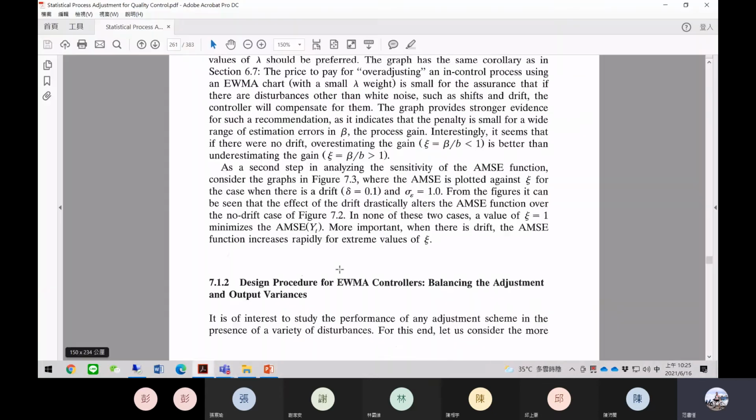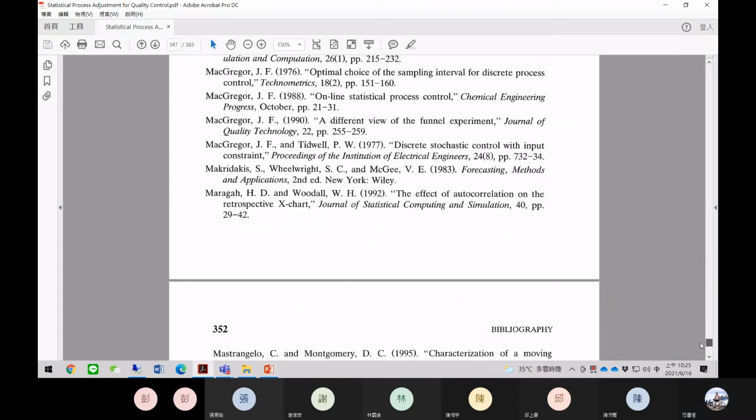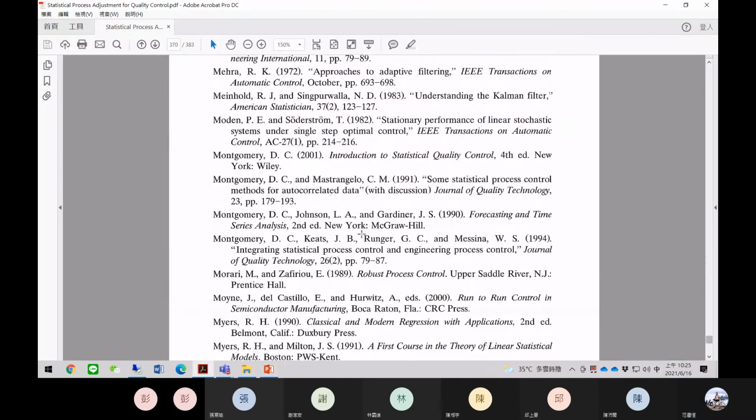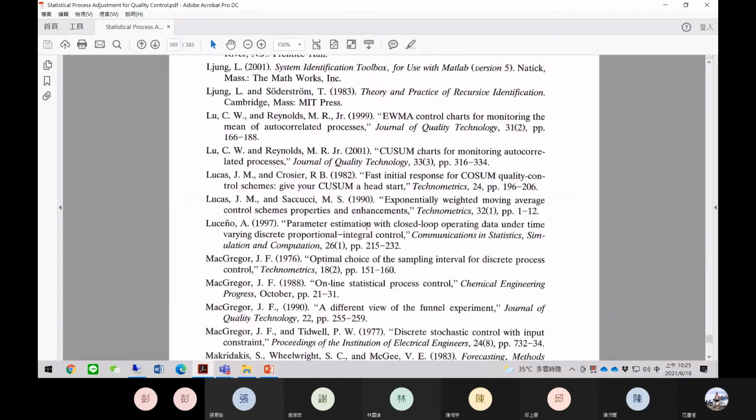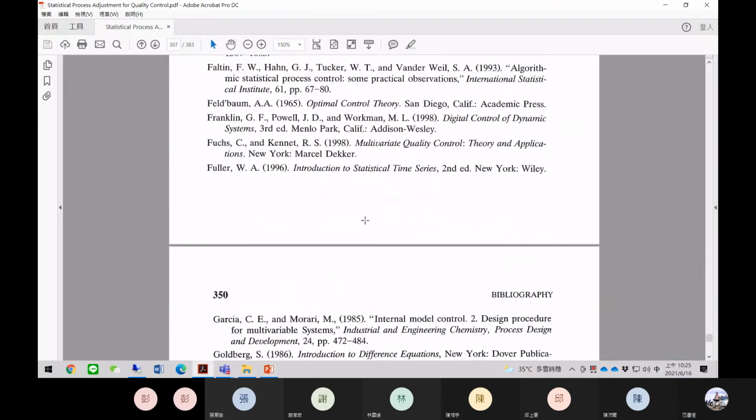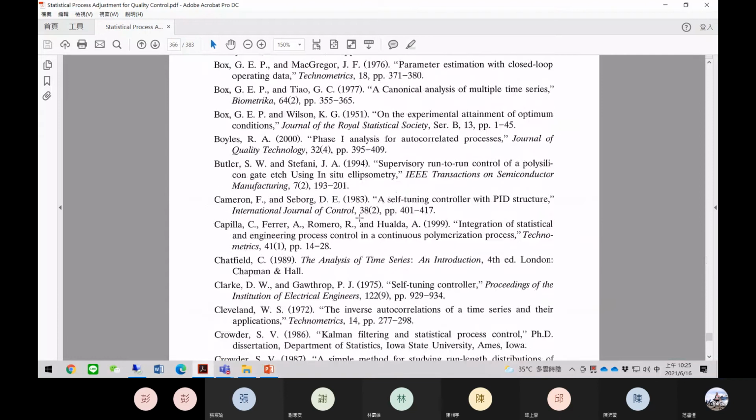Okay, let me show you. So this is Butler and Stefani 1994, supervisory run-to-run control of a polysilicon gate etch using in situ ellipsometry, published in the IEEE Transactions on Semiconductor Manufacturing. This is called the double EWMA.